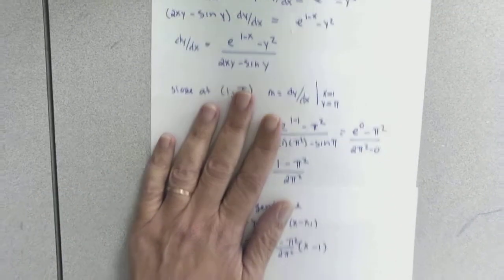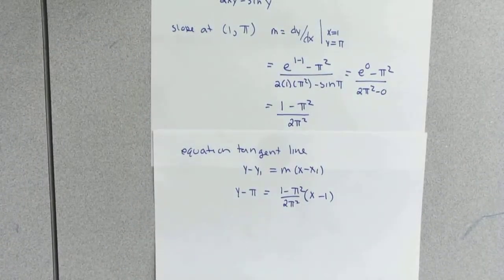However you want to write that, in my opinion, that's a perfectly good, fine, and happy answer. Leave it like that. This one we really can't check by looking at a graph because our basic graphing calculators can't graph the curve we were given. So this one we just have to hope that we did it right.